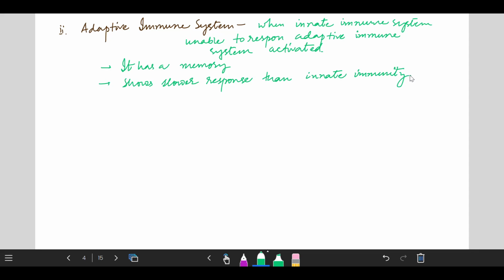And humoral means when blood is involved. Humoral means blood. So the cells involved are kind of blood cells, produced from bone marrow. Because B cells are involved and they are produced from bone marrow, that's why the term humoral immune system is used. Clear?